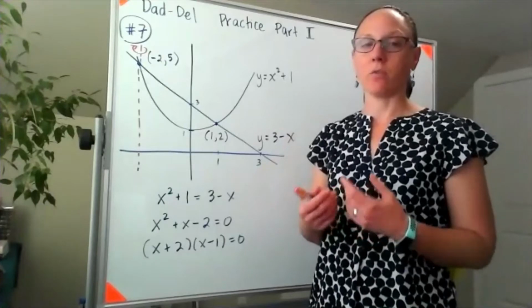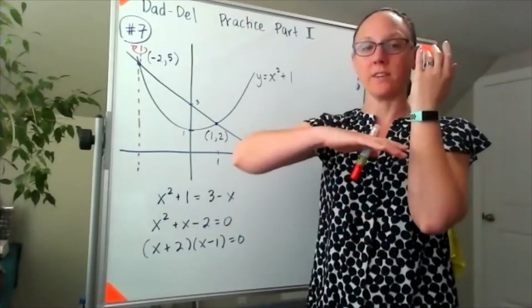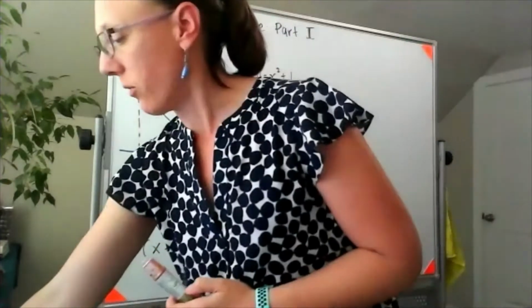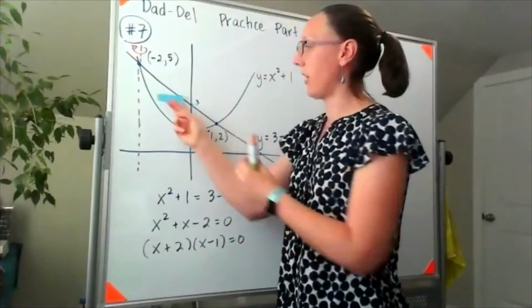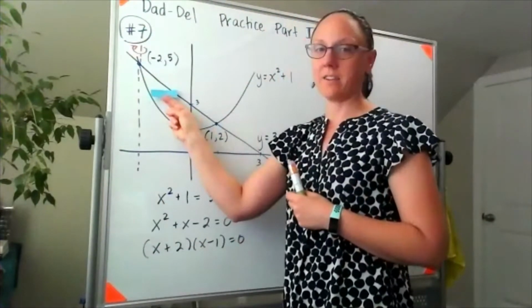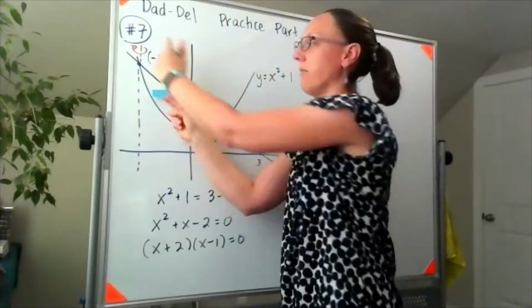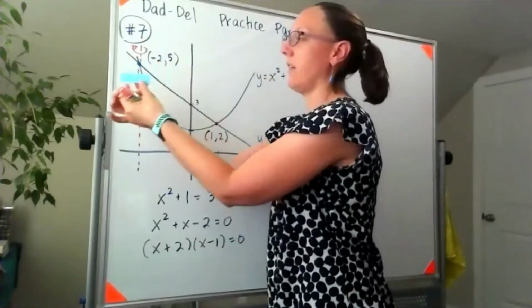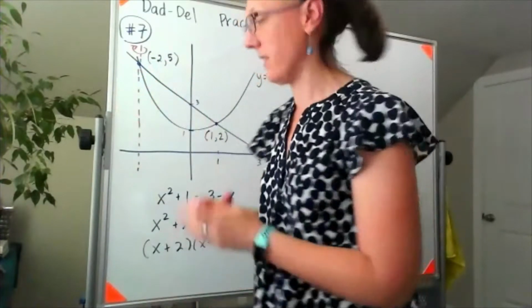Since my axis of rotation is vertical, that means I need horizontal cross-sections. So my cross-sections are going to come in like this, and then when they revolve around that, they're going to revolve around in a circle.